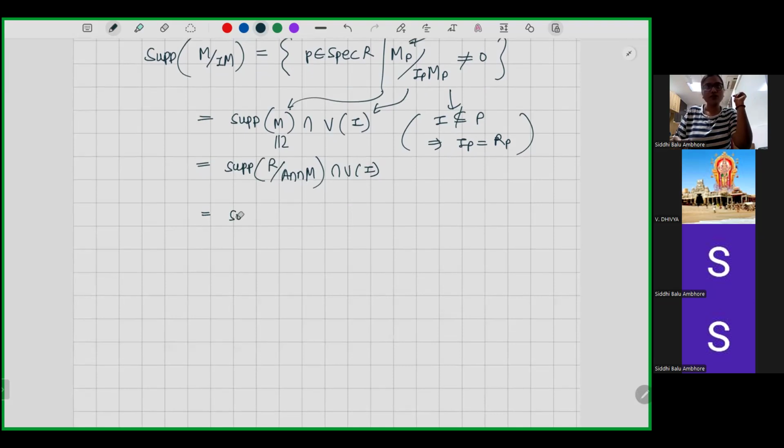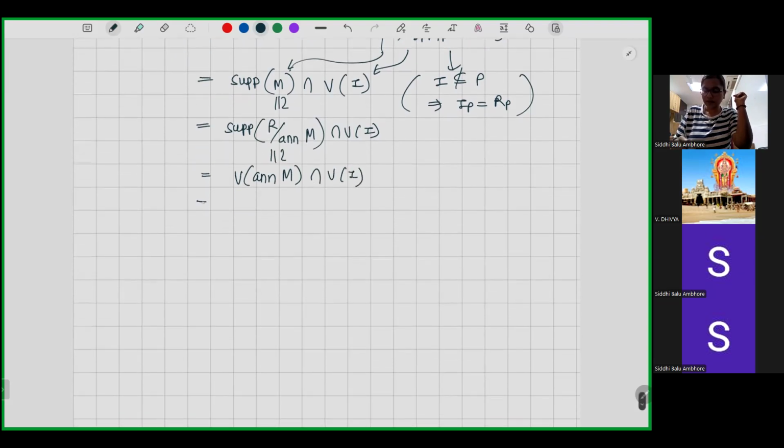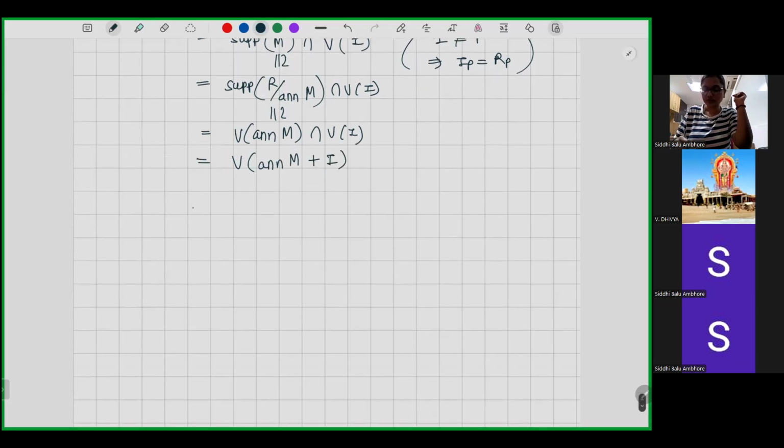And therefore, this is what? This is V of the annihilator of M, right? You can also check this. Intersection V of I. But when I have this, this is the property which I have. The intersection gives me the addition here. And this is nothing but the support of R mod (annihilator of M plus I).